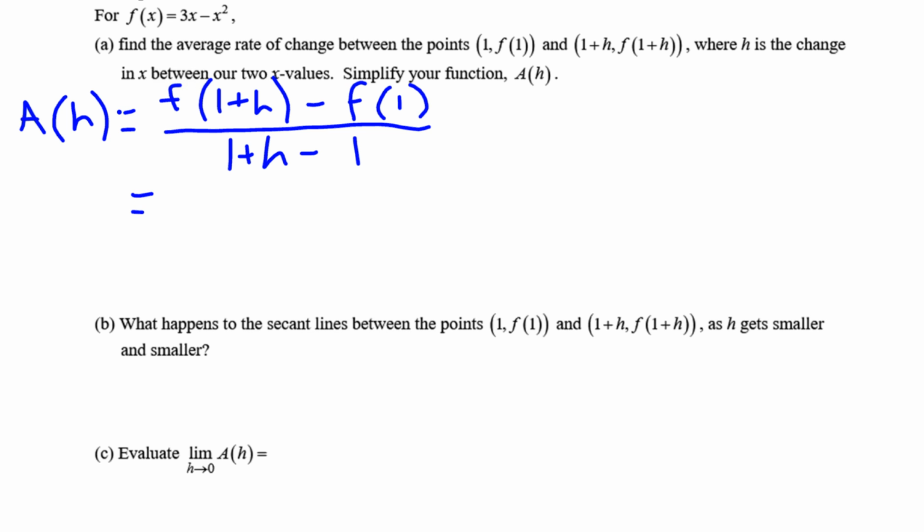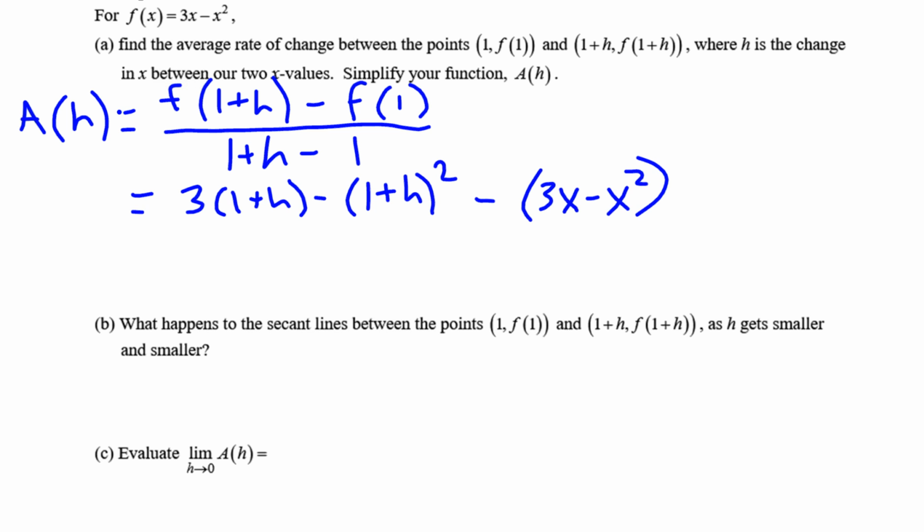All right, so then I'm going to write this out a little bit. Instead of writing f, I'll write our function, and then minus 3x minus x squared. Don't forget to put the parentheses there. A lot of people do, and then it throws off your sign and it doesn't work.